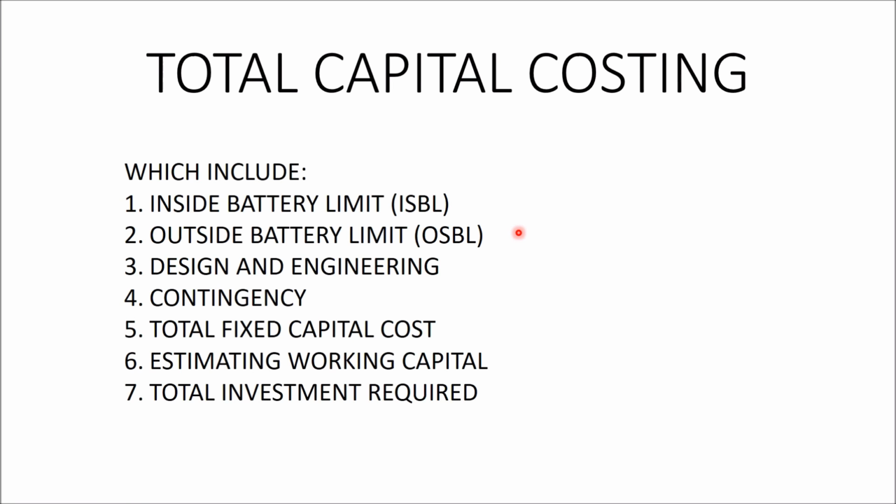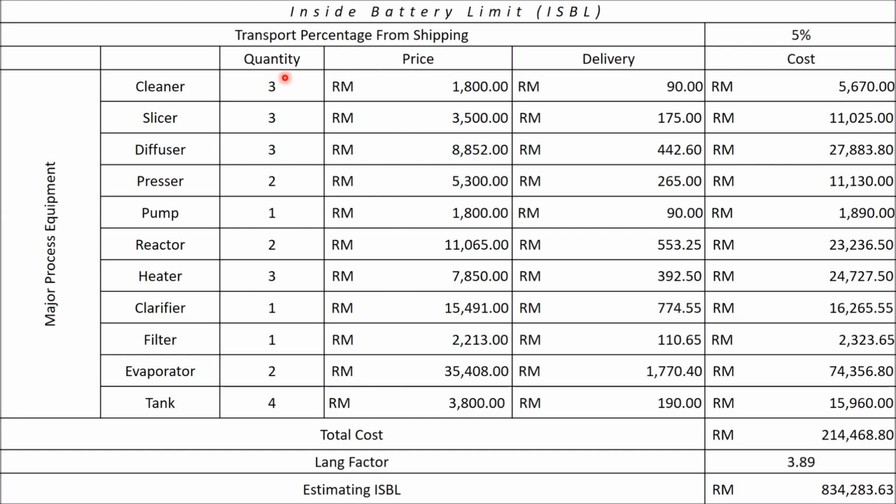I would like to explain the total capital costing, which includes the following. For the inside battery limit, we are going to calculate the major process equipment. This is the price for each equipment, and each price will be multiplied by the transport percentage for shipping, which is 5%. So the 5% is this amount for the delivery.